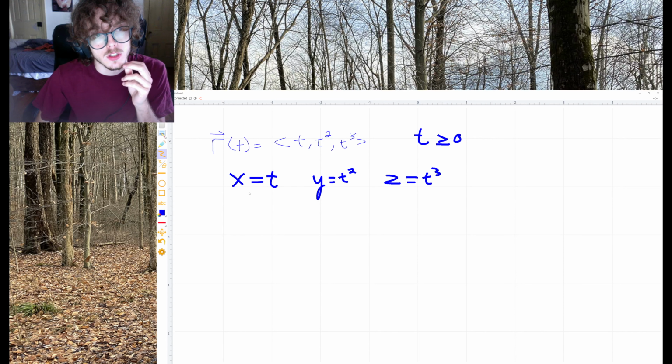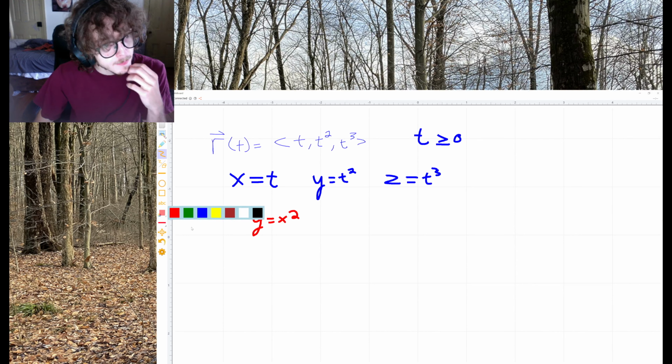You can find this by substituting x equals t into y equals t squared. To make t squared, we square both sides: x squared equals t squared. Plug it in here, and that gives us, in red, y equals x squared.